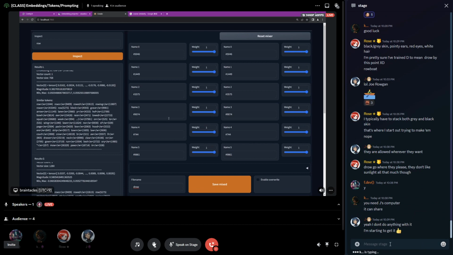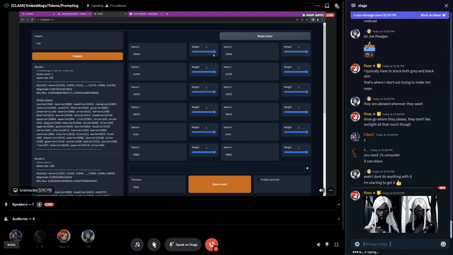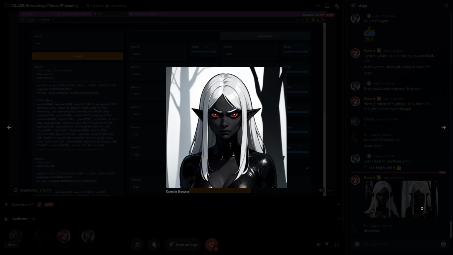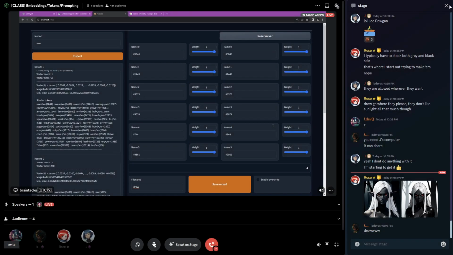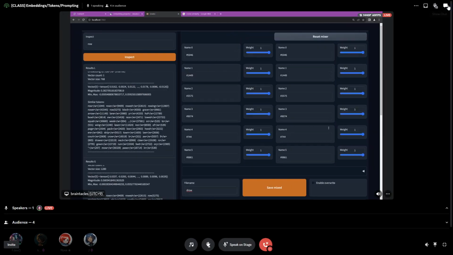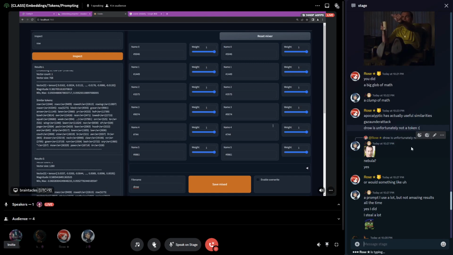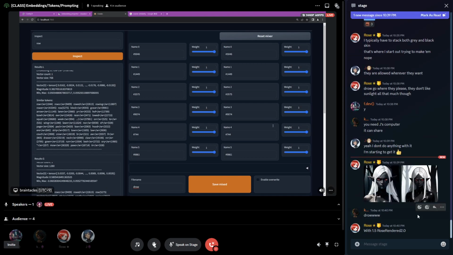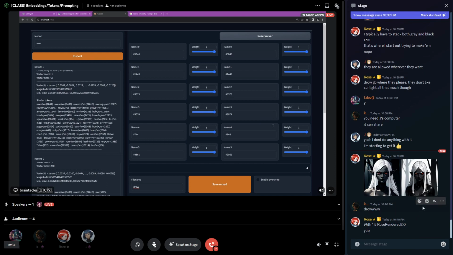You're starting to get it? Awesome. You can adjust the weights of certain tokens, by the way. Rose already did it, huh? Is this with 1.5? You said you were about to start it with 1.5. So you created the embedding, right? 1.5 Rose rendered, and you created the embedding following the instructions I just gave with the extension.